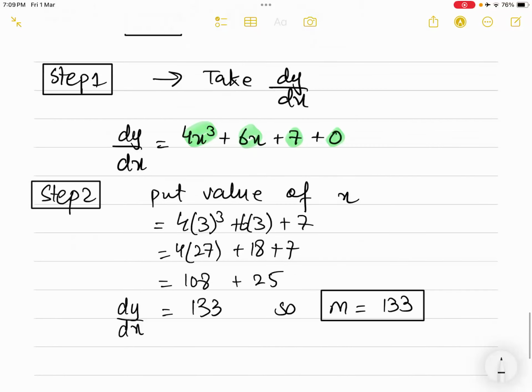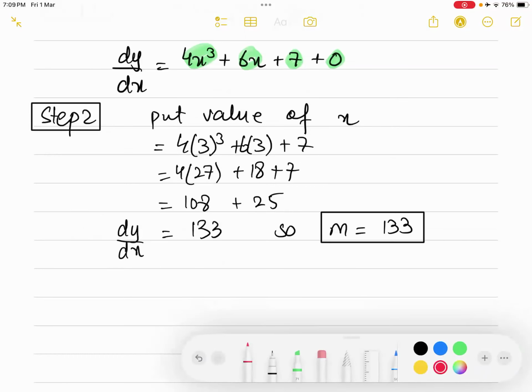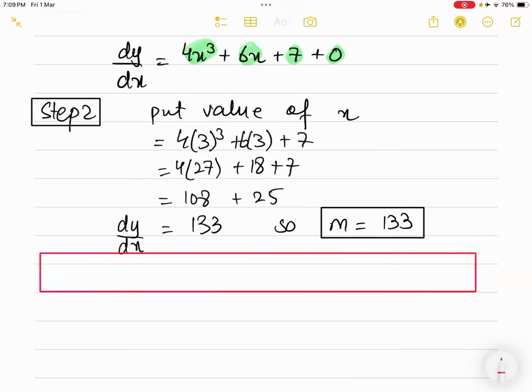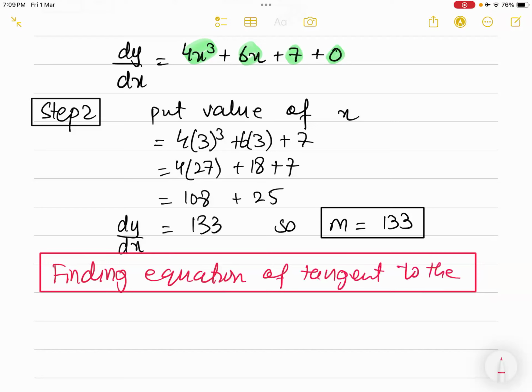Okay. Now we need to understand finding the equation of a tangent to the curve.